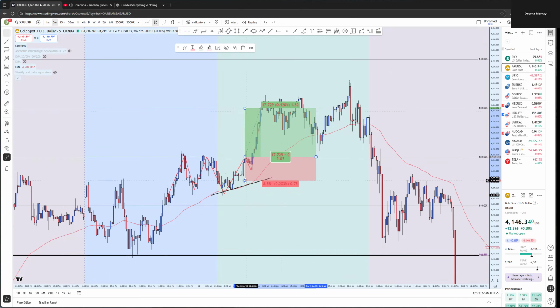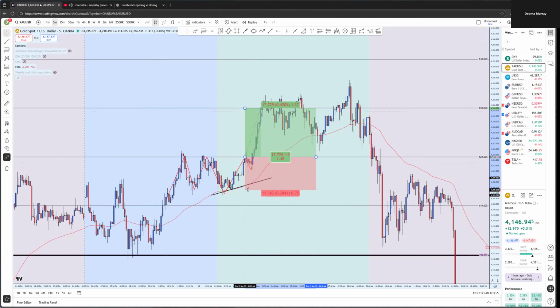I wouldn't want to go more than that, simply because the closer you push that stop loss, you would have won that 1 to 3, but the more chances you have of losing that trade versus going for 1 to 2 or dropping it down for a 1.5.